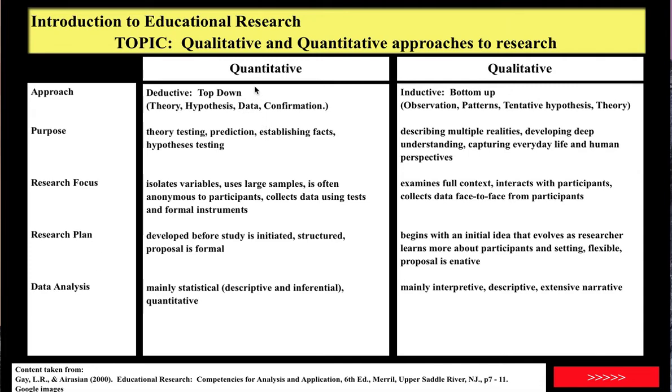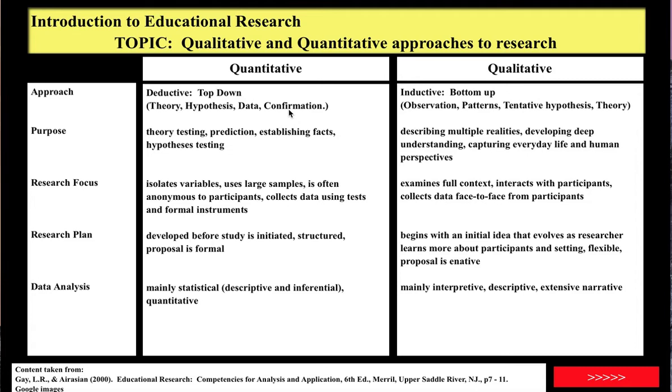Well, the quantitative research methodologies are deductive in nature. They work from the top down. So a basic researcher has come up with a theory. They create some hypotheses. They collect data to test these hypotheses, and then, using inferential and descriptive statistics, they either confirm or reject the hypotheses.